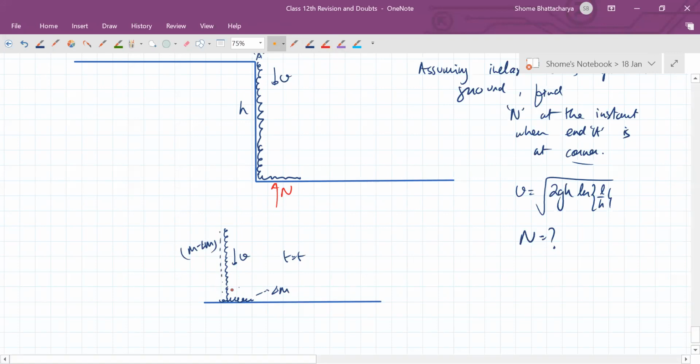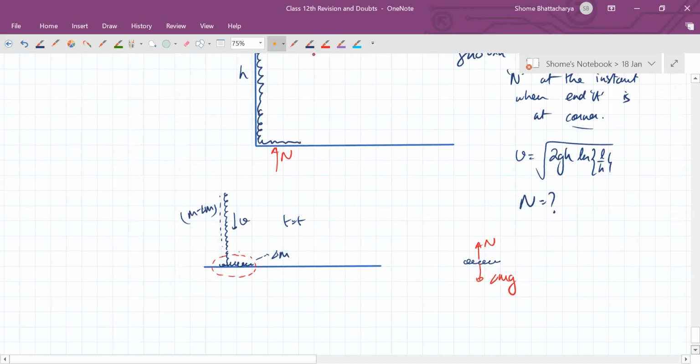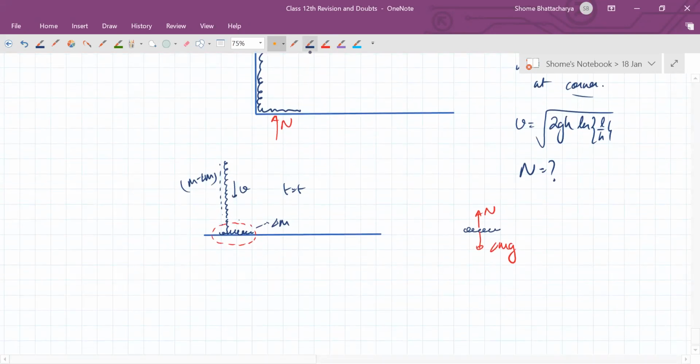On this portion, you can see that the forces acting at this instant of time, t equal to t, are the weight of this portion, delta m g, and the normal reaction. But it's not that simple that N is equal to delta m into g, because at the next instant of time, at t equal to t plus dt, this mass has increased to delta m plus dm, and this has decreased to m minus delta m minus dm.